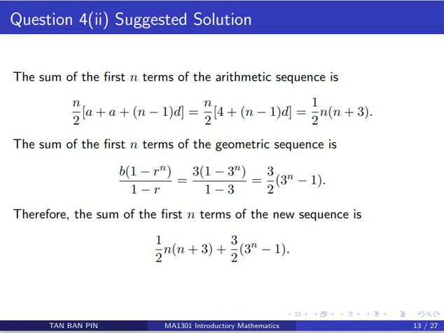For the AP, you use the formula n over 2 times a1 plus an, first term plus last term. Or you can write 2a plus n minus 1 d, which is the same. And a we found previously is 2. d is given to be 1.